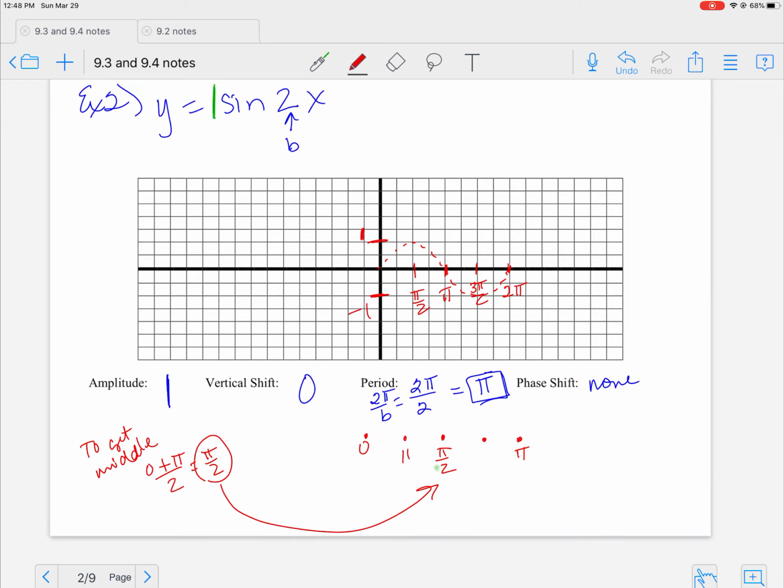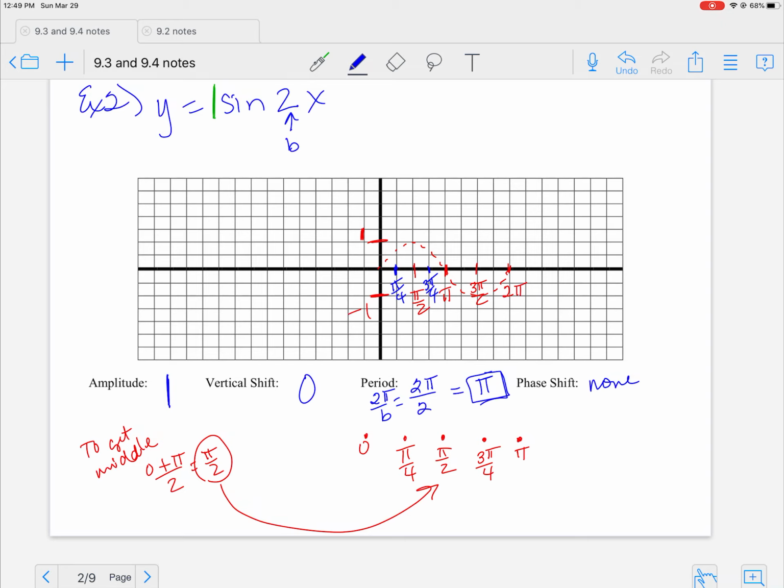All right? So to get your middle value, you add them up, and in this instance, it's obvious, right? It's super easy. But you add them up, divide them by 2. Now, I want to get the middle between here, right? So you can add these up and divide it by 2, which we know to be pi over 4. Again, what is between pi over 2 and pi? 3 pi over 4. All right?